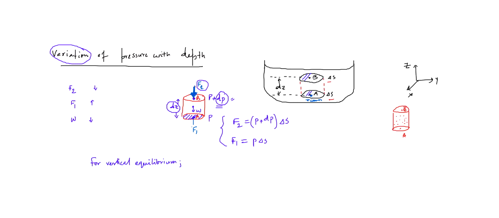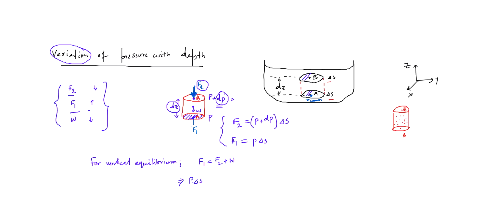We can see that F2 is downward, F1 is upward, W is downward. So we can say that F1 is equal to F2 plus W. W is the weight of the volume of fluid inside this cylinder, right? So F1 can be written as P delta S.